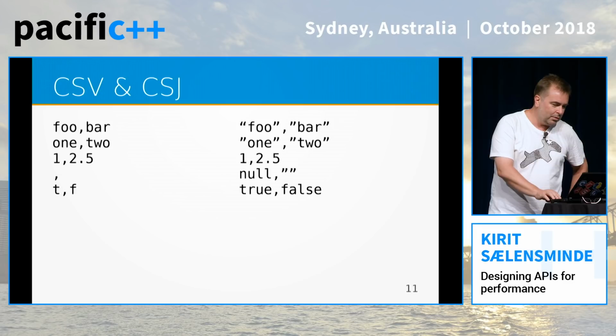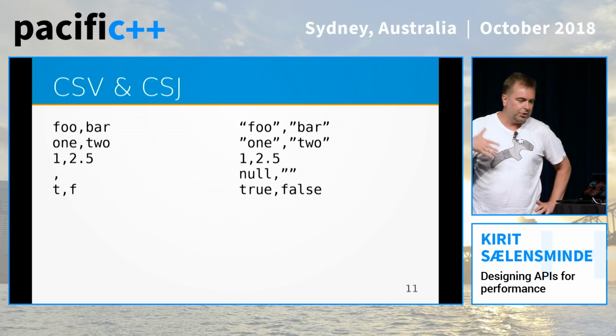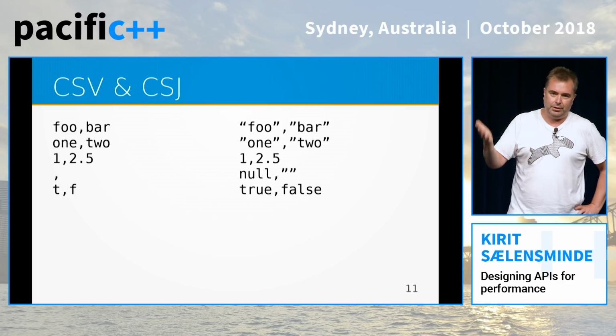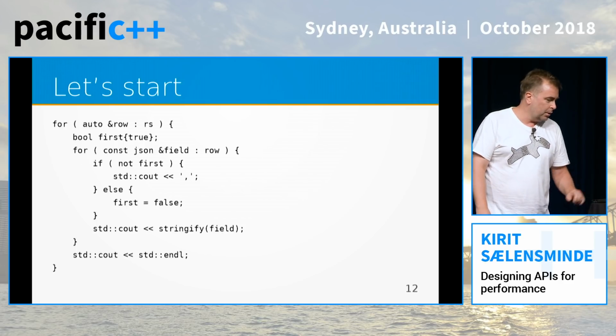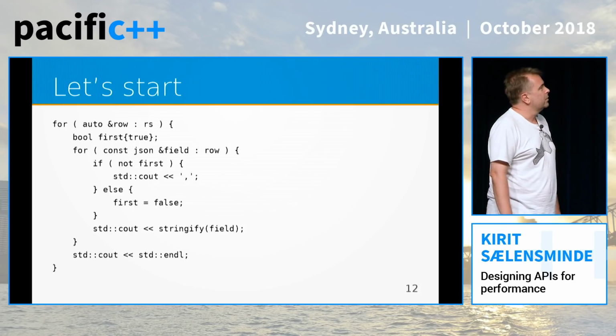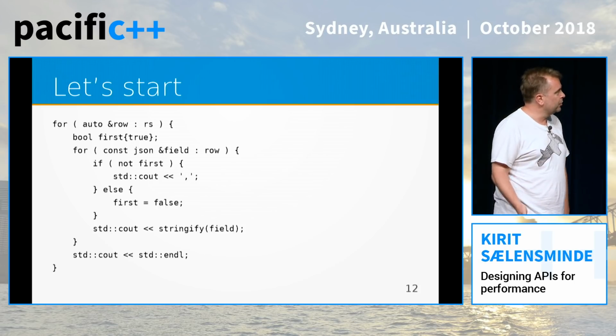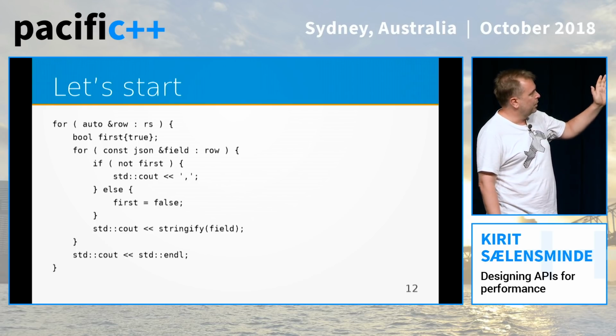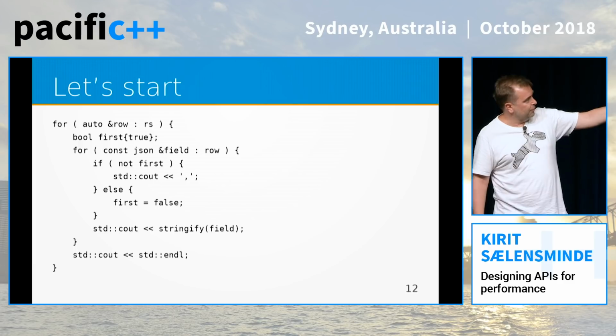Okay, so what we're going to concentrate on is just the inner loop that is actually processing the record data that comes from the database. An inner loop that might look something like this. So we have a record set, we pull rows off it, and we are going to stringify each of the fields.